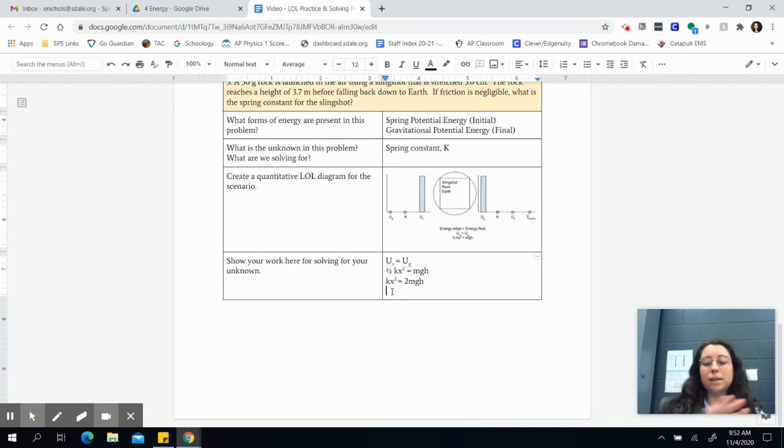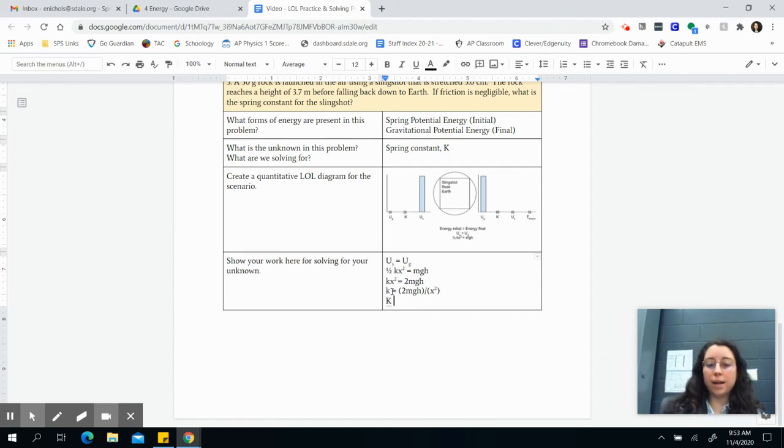Then I want to get that x squared to the other side, so I'm going to divide by x squared on both sides. So k equals 2mgh divided by x squared. And that's it. Now I can plug in values.